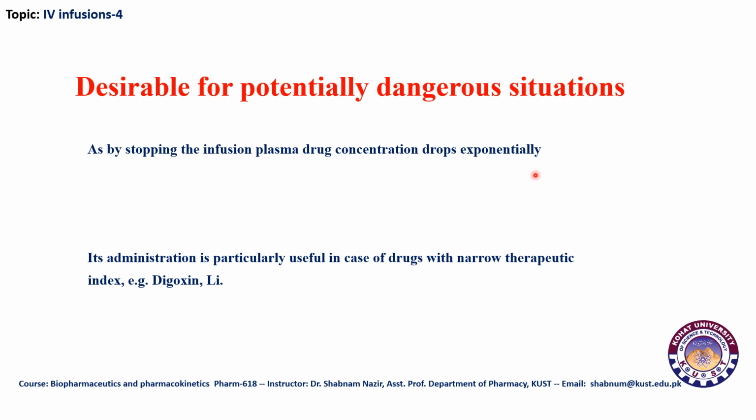Similarly, in case of gentamicin, crossing the toxic concentration might cause nephrotoxicity and permanent kidney damage, which is an extremely undesirable side effect. So that's why for such drugs it is highly recommended to follow the intravenous infusion pathway.